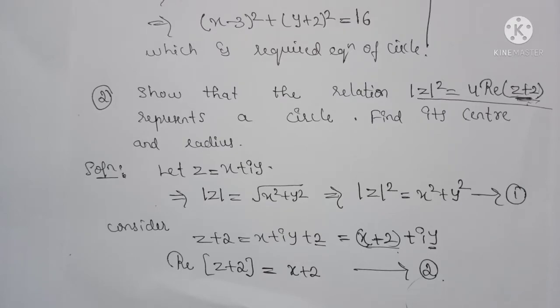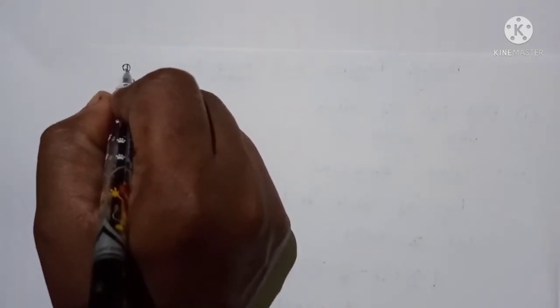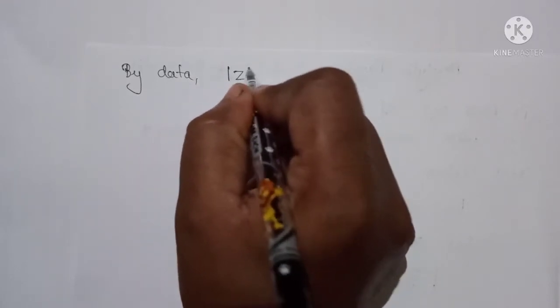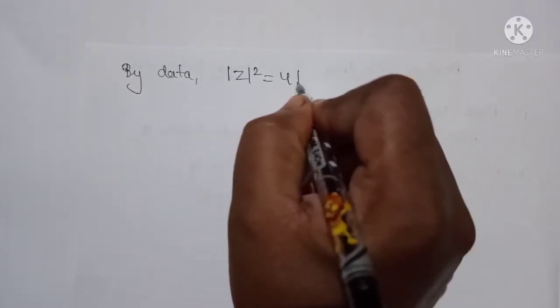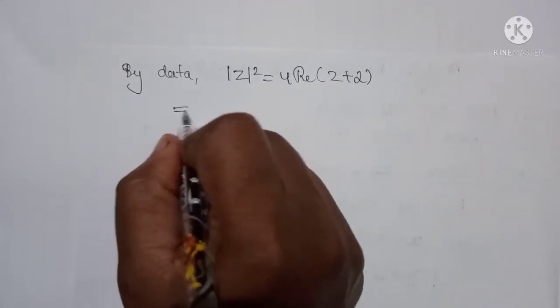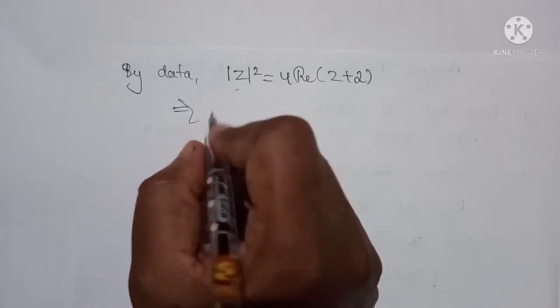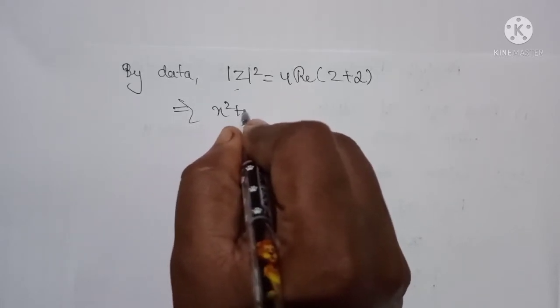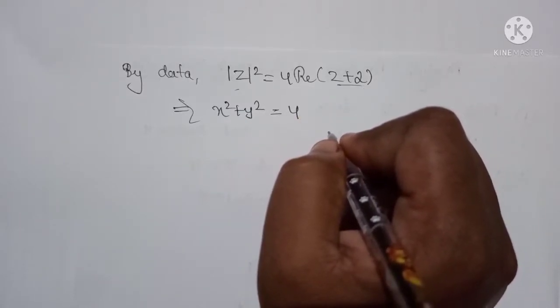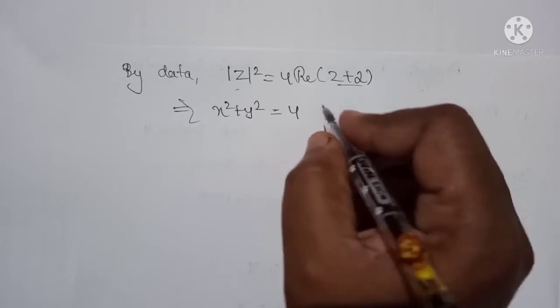Now by the data, the given relation is mod z square equals 4 into the real part of z plus 2. Here mod of z square, from equation 1, is x square plus y square, 4 as it is, and the real part of z plus 2 is x plus 2, from equation 2.